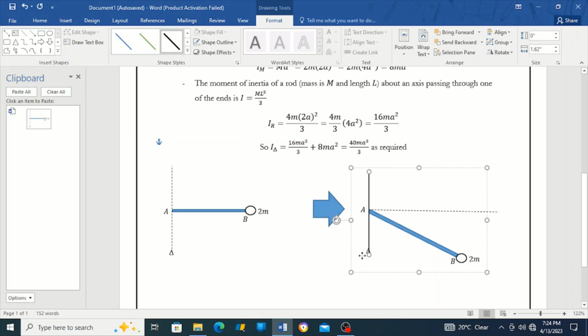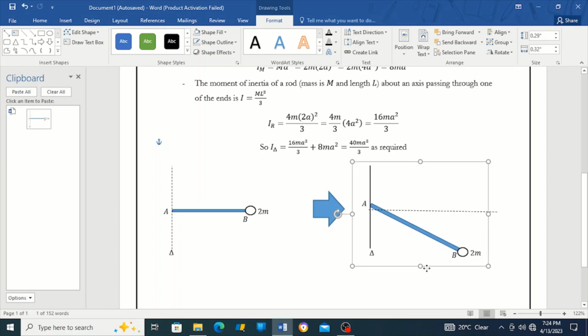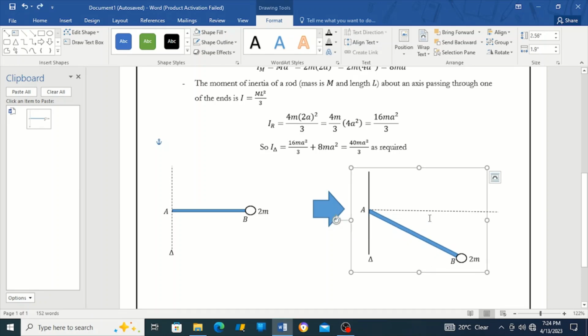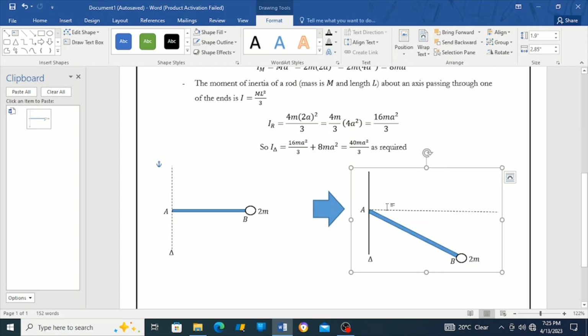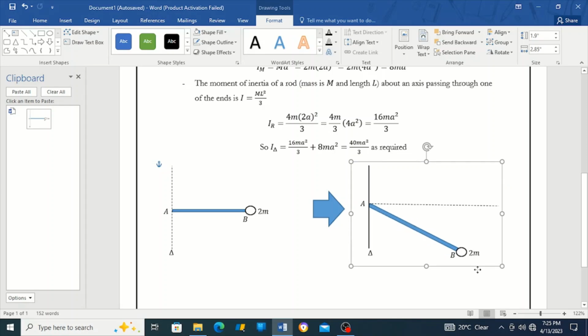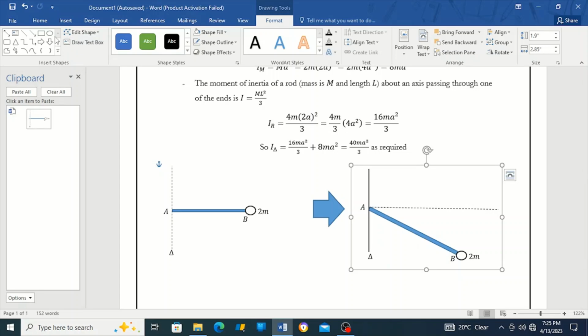Now we need to indicate the angle that the rod makes with the horizontal. The angle is theta. We clearly see that the angle is this angle here, between the horizontal and the new position of the rod itself.